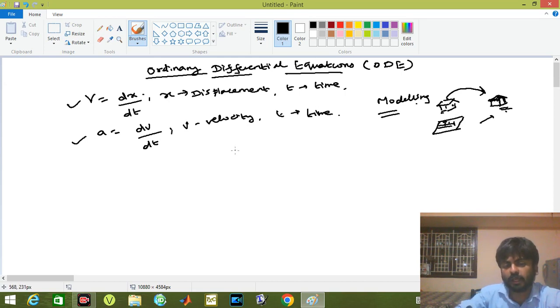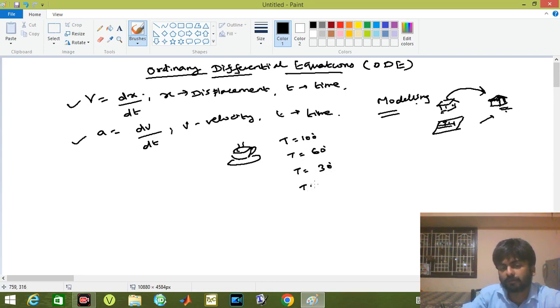Suppose you are taking a cup of coffee. The coffee is at 100 degrees Celsius, its maximum temperature. After 10 minutes the temperature may reduce to 60 degrees Celsius, and after another 20 minutes it comes down to room temperature.